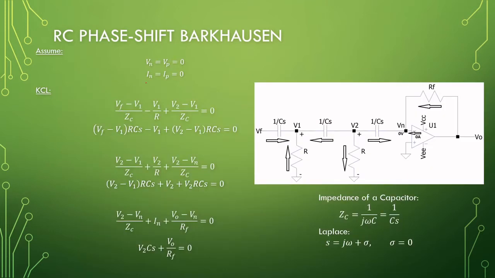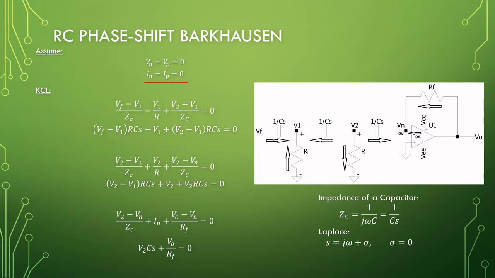Alright, so the first assumption is an ideal amplifier, so the 2 input voltages are forced to 0 with a virtual ground, and there are no currents flowing into the amplifier. Okay, we break the feedback loop and we call this part VF and this part Vout, and we view our system from the input here.